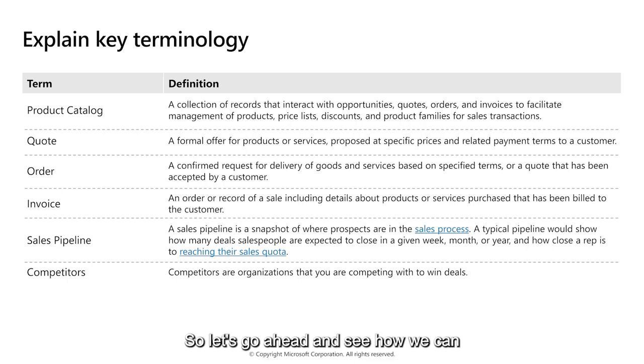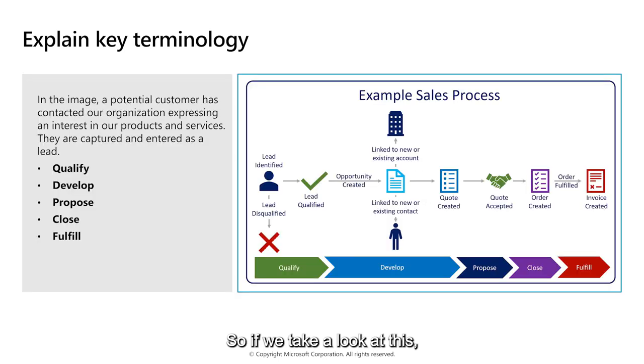So let's go ahead and see how we can use this and show it in our sales process that we saw earlier on. If we take a look at this, for instance, we have our sales process along the bottom. We have qualify, develop, propose, close, and now we have fulfill on there. So in the qualify stage, we have the lead, we identify who the lead is, and we can qualify them.